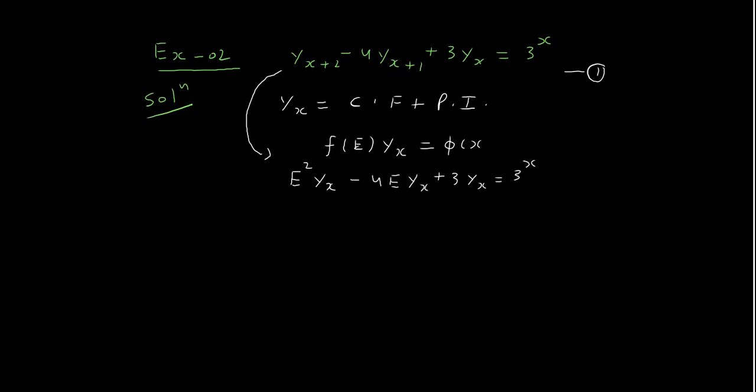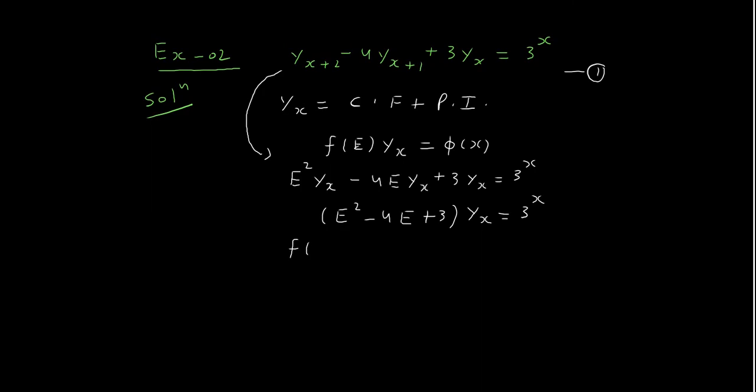So this becomes E square minus 4E plus 3 yx equals 3 to the power x. If we compare with the standard result, what is the value of f of E?